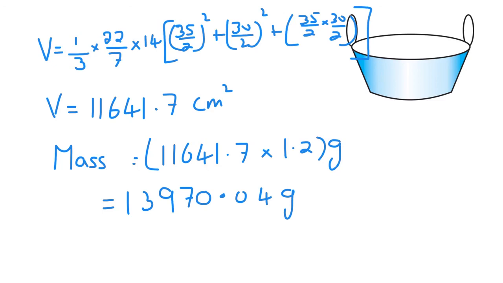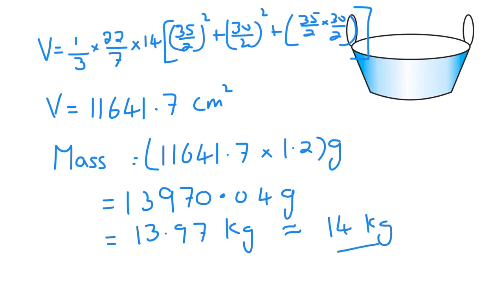Change it into kgs. So, it is going to be 13.97 kgs, approximately 14 kgs of molasses can be poured into the frustum.